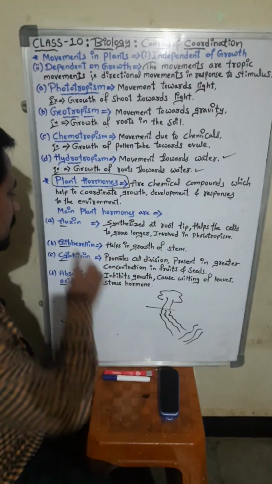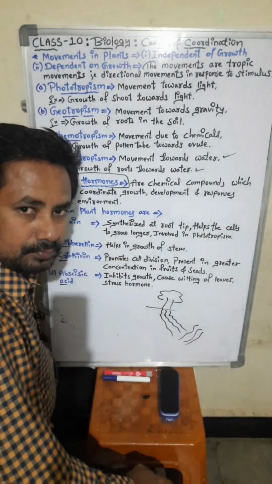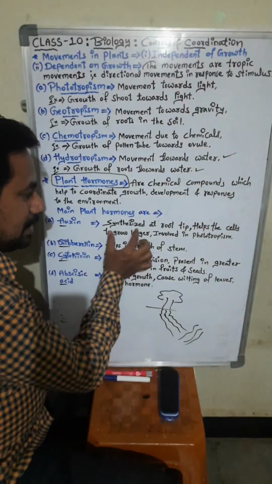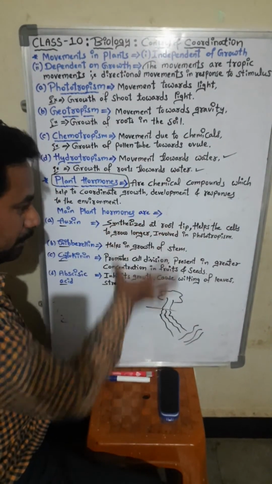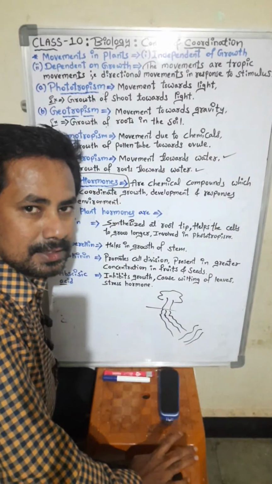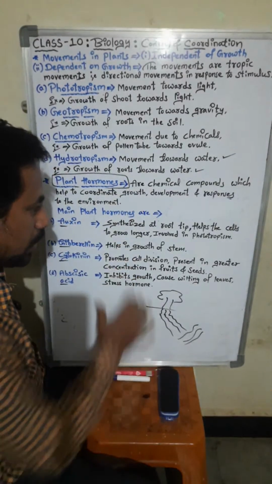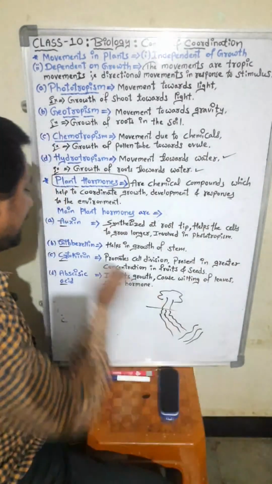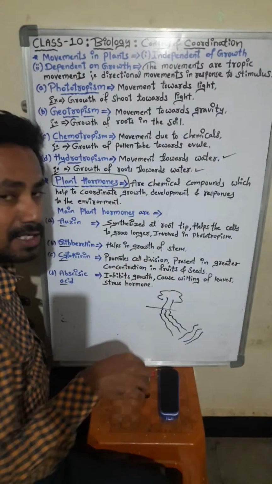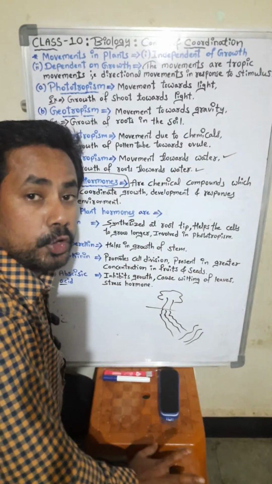Okay, fine. Auxin. Where is it synthesized? Okay, you have to write this in points, students. Points 1, 2, 3. Because of less space, I have written continuously. Is it clear? Auxin, where is it synthesized? Synthesized means what? Produced.